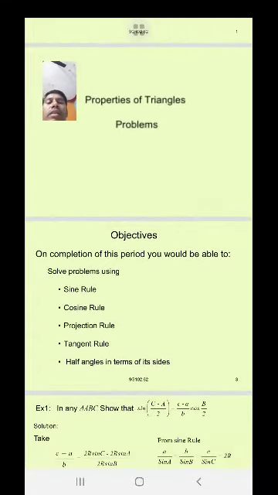So let us see properties of triangles. In this chapter we do some problems here in this class.